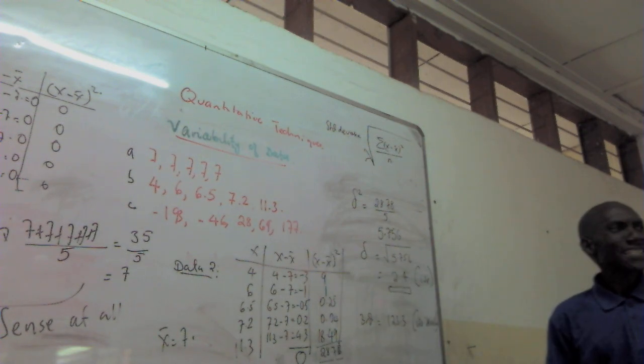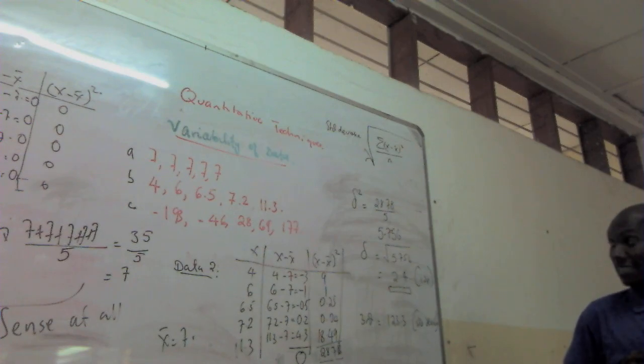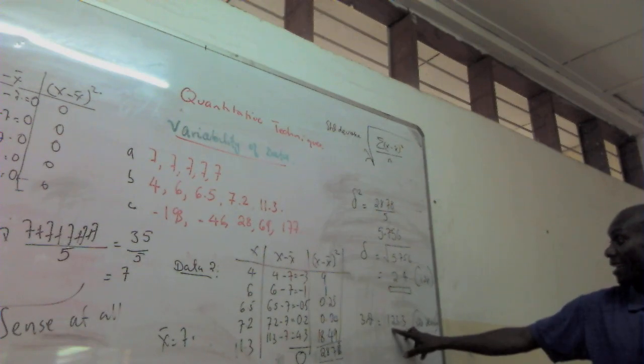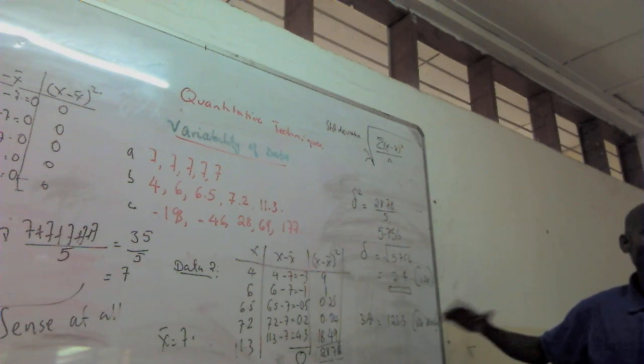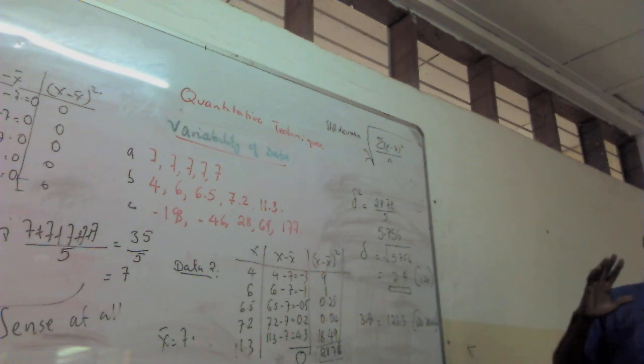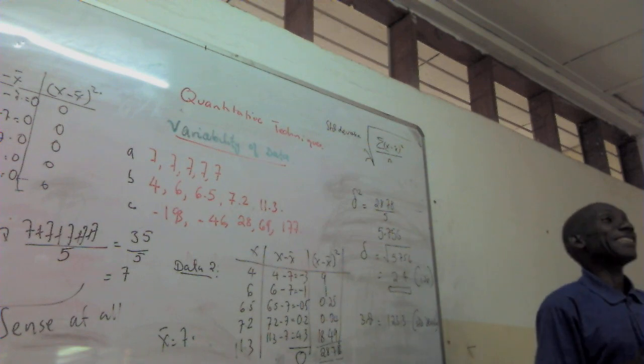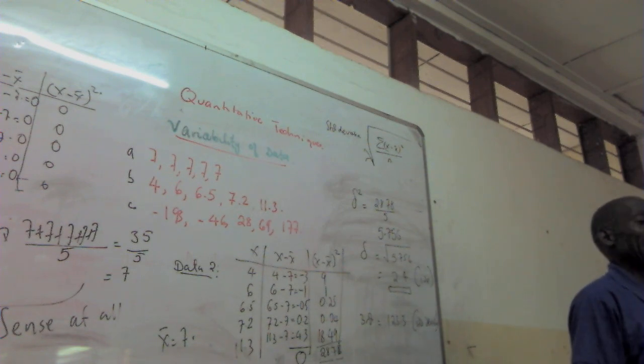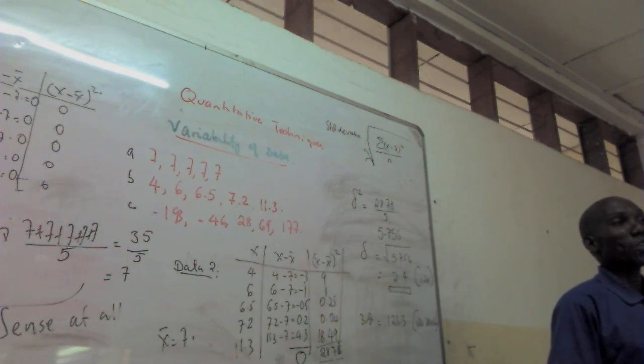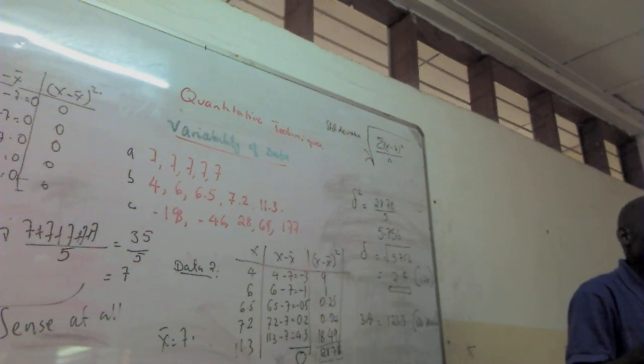So what is it telling us? It is telling us that because the standard deviation is high, the numbers are very huge. There is a wide spread of data, because standard deviation measures how spread out the data is.